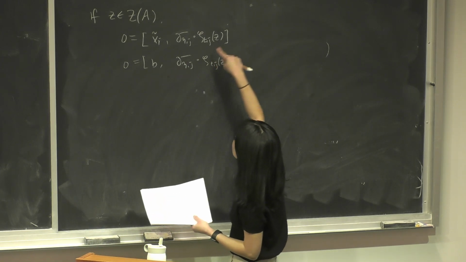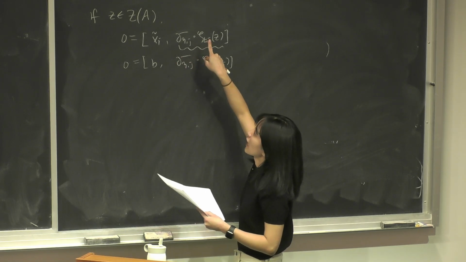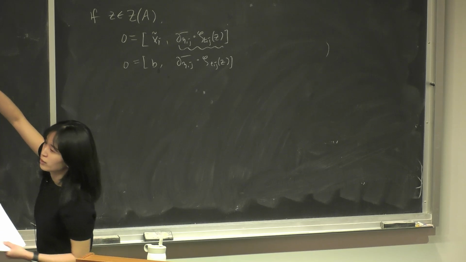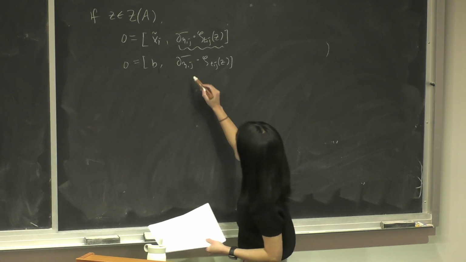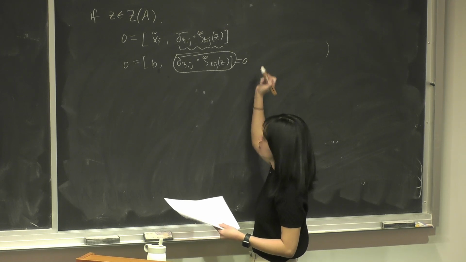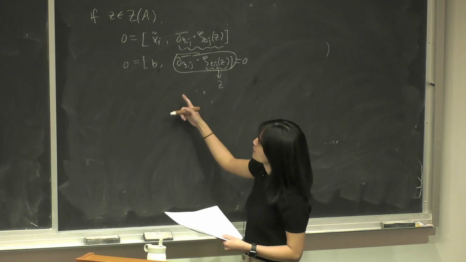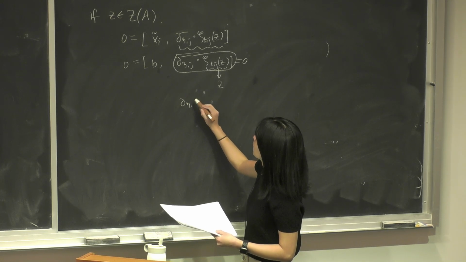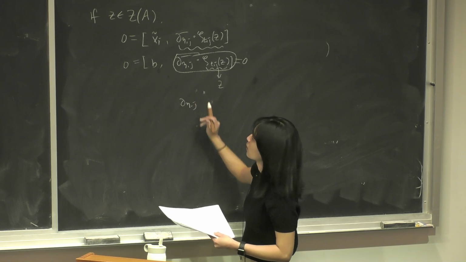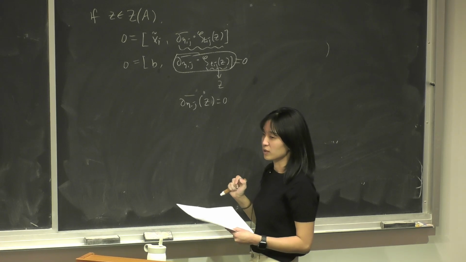And this implies this vector is AI central. But by step 4, there shouldn't be. So that means this one should be 0. What this converges to is Z. So what this tells us is Z is in the domain of partial eta J, and it becomes 0.